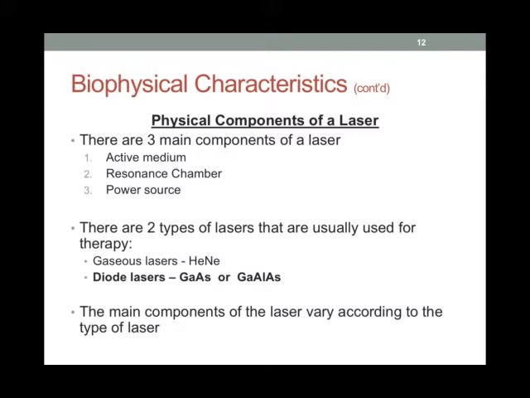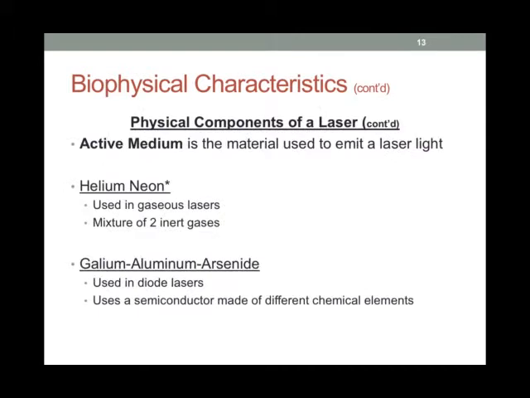Okay, the main components of the laser may vary according to the type of laser. So the active medium is the material that's inside the laser, and that's the material that's used to emit the laser light. So we talked a little bit about helium neon. That was two different gases used to emit a certain type of laser.